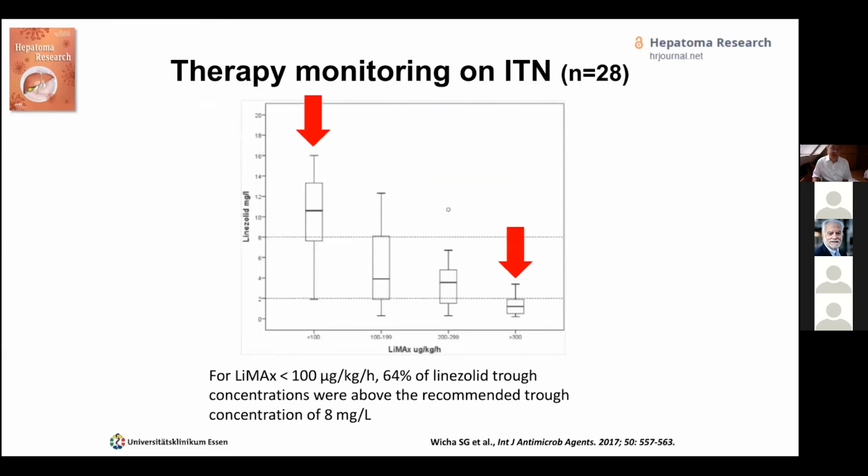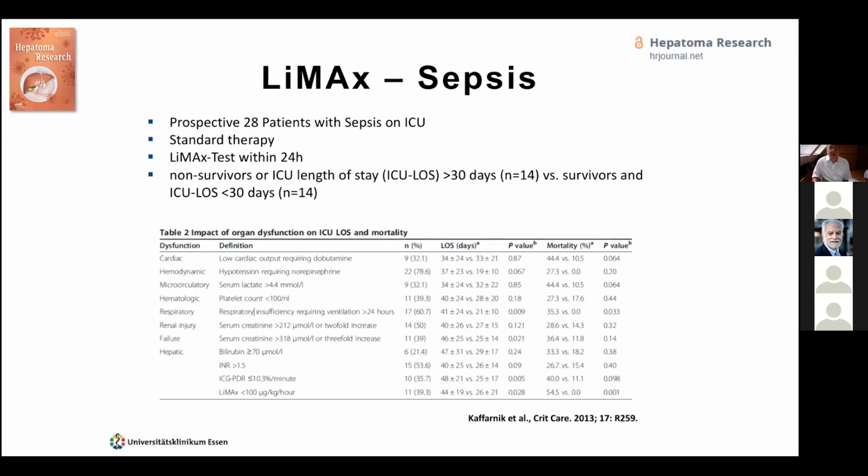And so also in other conditions, it is helpful to use it more. For example, in the ICU, we can do it during narcosis. We can measure it. We can use it in septic conditions.